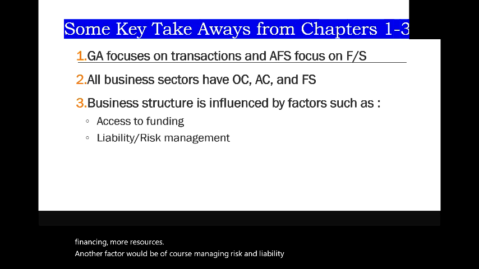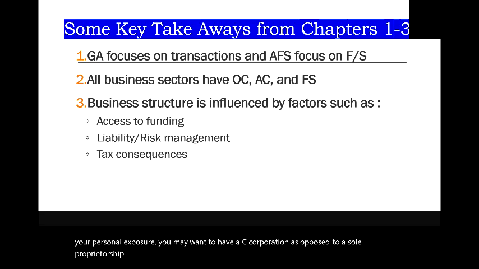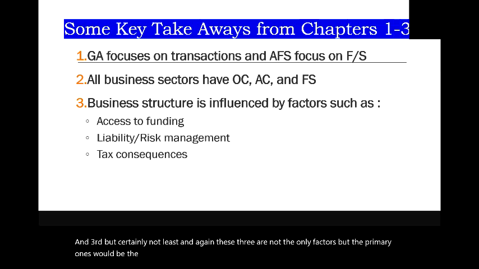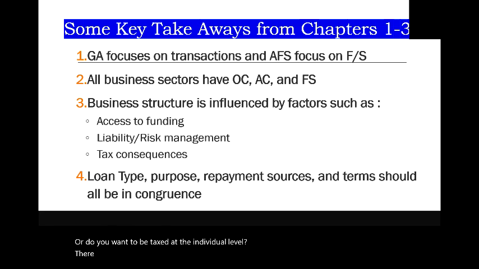If you wanted to minimize your personal exposure, you may want to have a C corporation as opposed to a sole proprietorship. And third, but certainly not least, and again, these three are not the only factors, but the primary ones would be the tax consideration. Do you want to be taxed at the corporate level, or do you want to be taxed at the individual level? There are times when one tax rate may be more advantageous than the other.